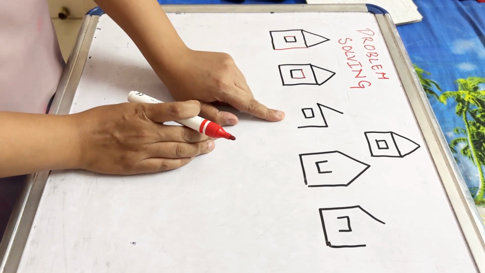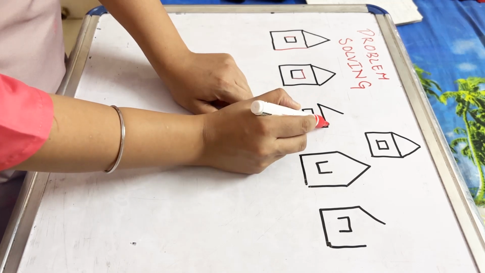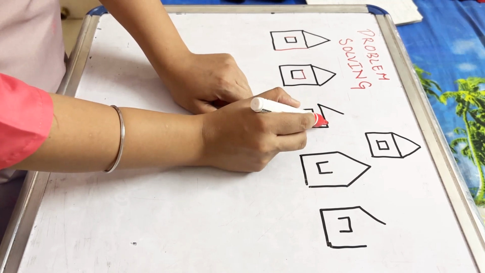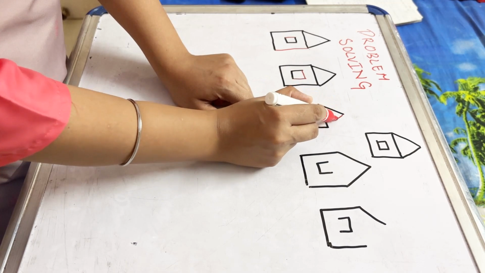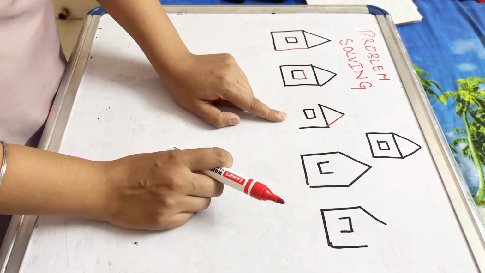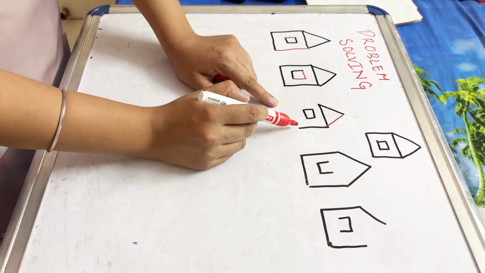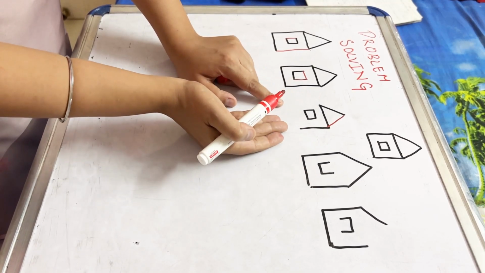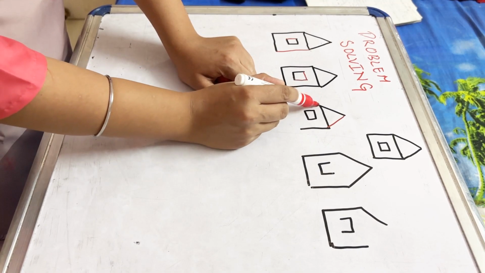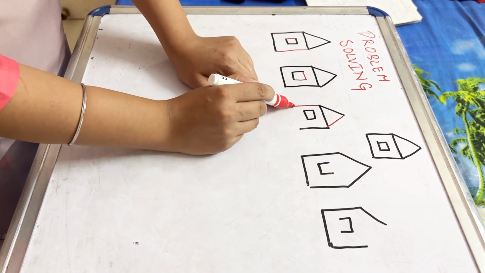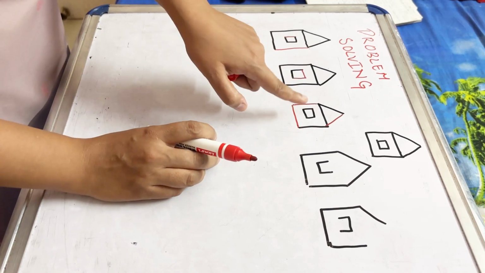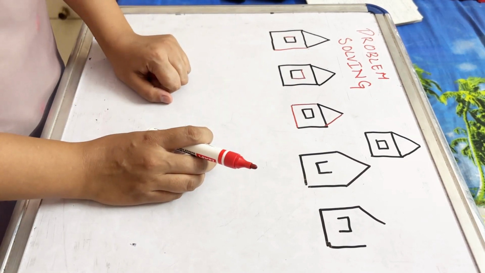Moving to the next one. A triangle on top. How can we make this into a triangle? Add a slanting line. Then a square below. How do we make this into a square? Let's add a standing line and a sleeping line, and there is a square in the middle.